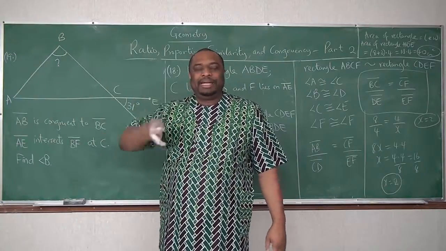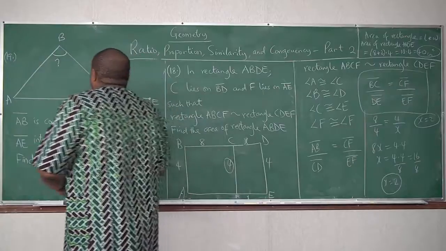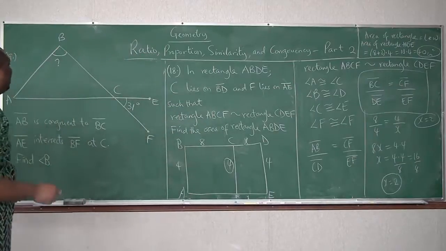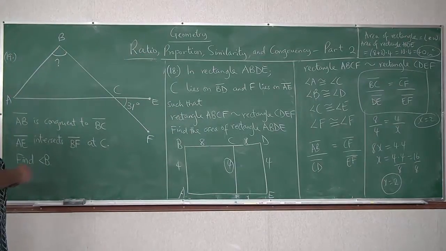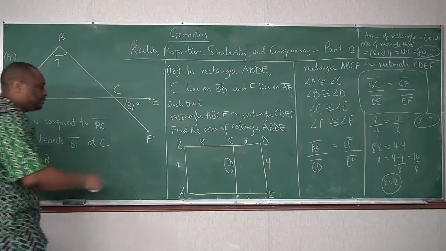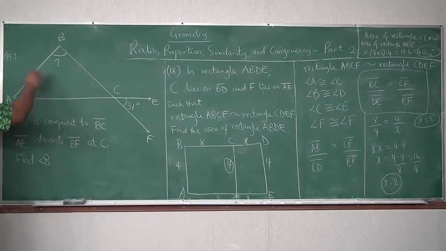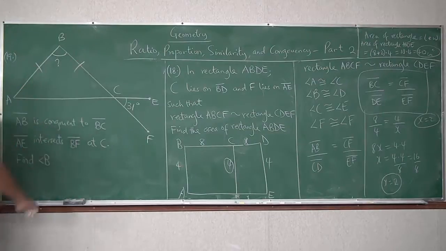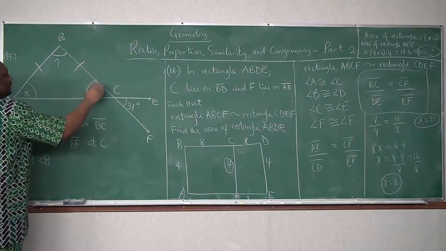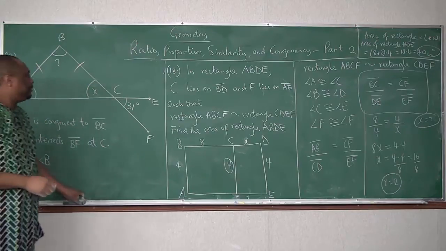Okay. So if you have this, AB is congruent to BC. So this is an isosceles triangle. So we can call this X and we call this X. Okay?